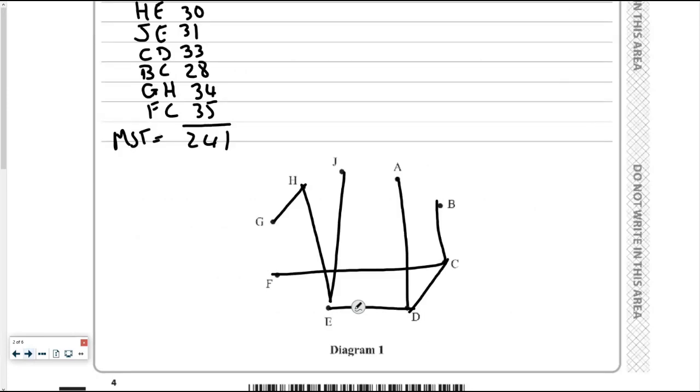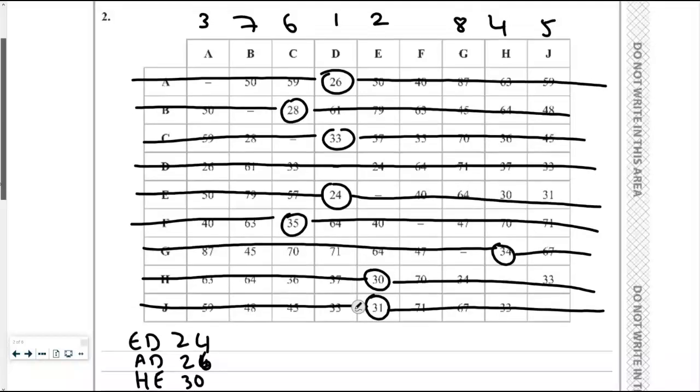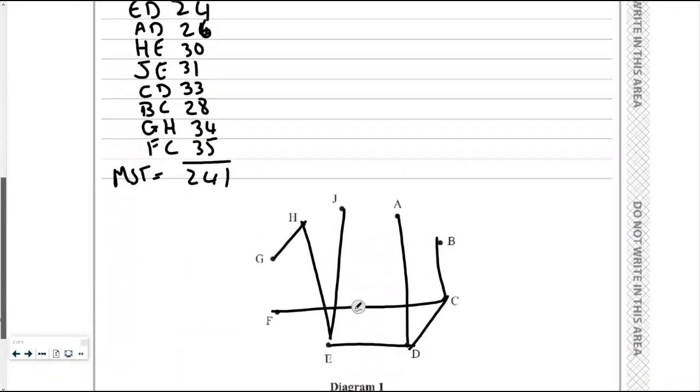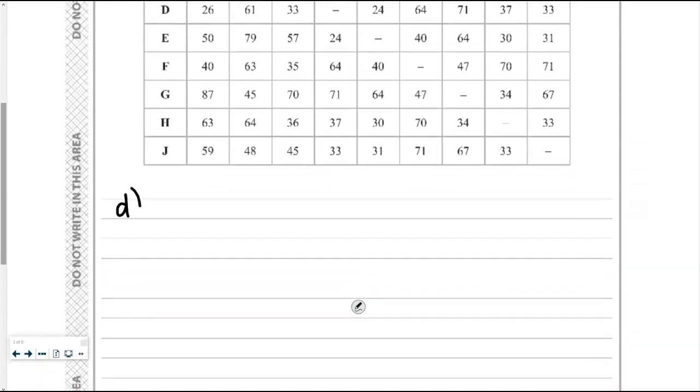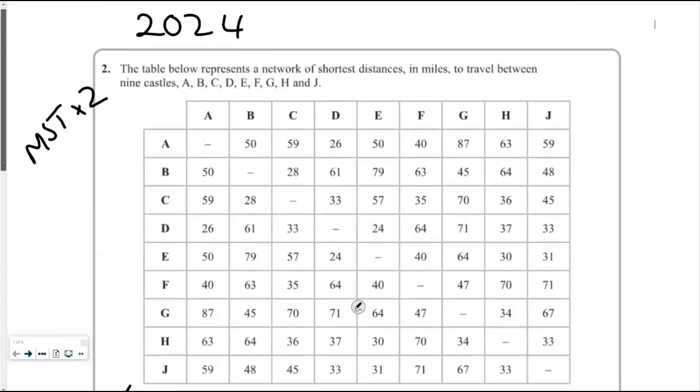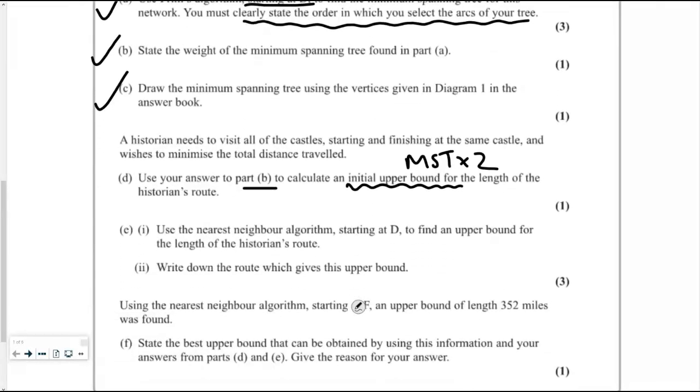So for part D, I'll put it on the next page. I'll put that MST ×2 is 241 ×2, 482.